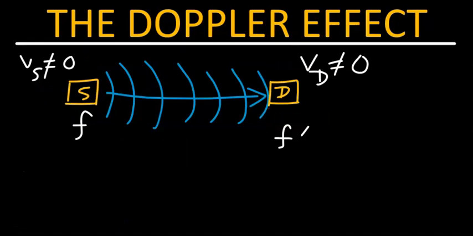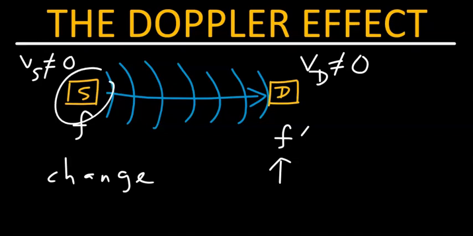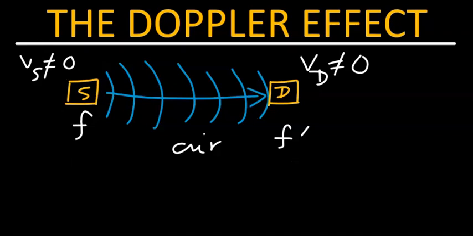So formally, the Doppler effect is a change in the observed frequency of a wave, in this case the sound wave, when the source or the detector moves relative to the transmitting medium, in this case air. So for sound, the observed frequency f prime is given in terms of the source frequency f in the following manner.